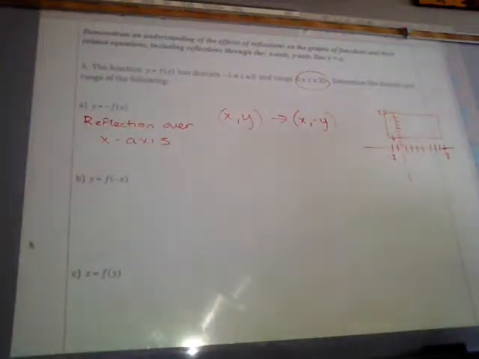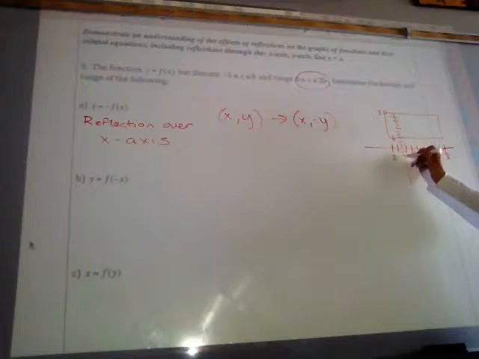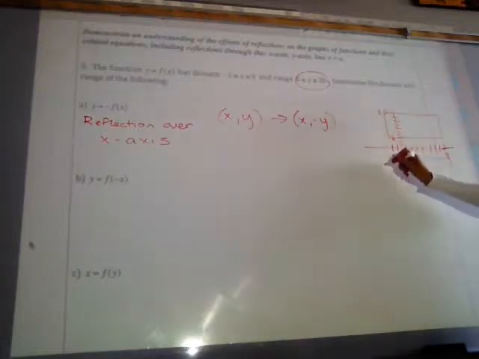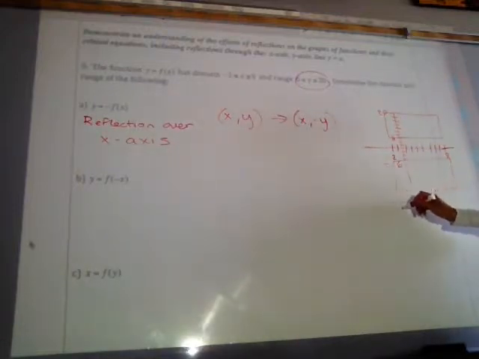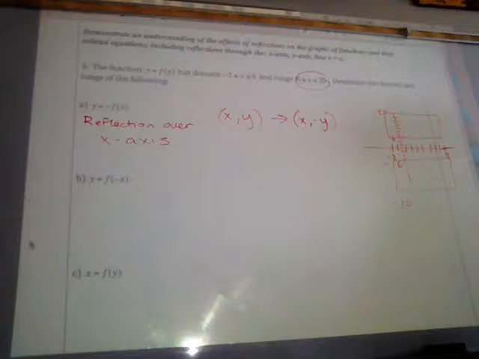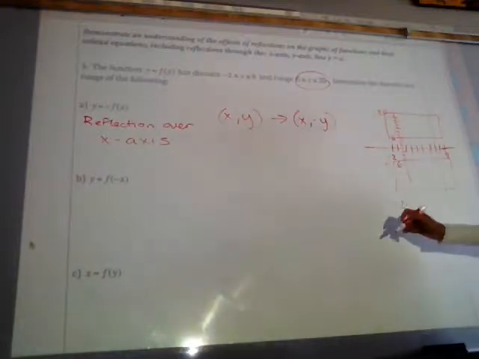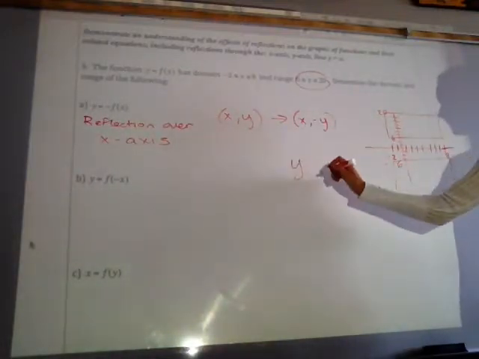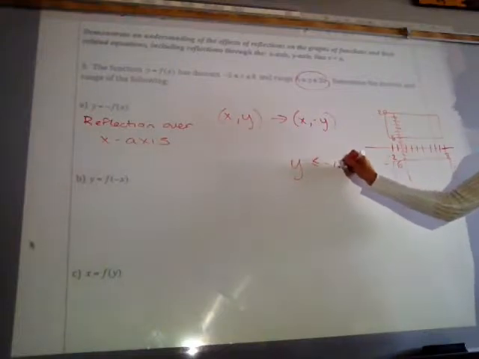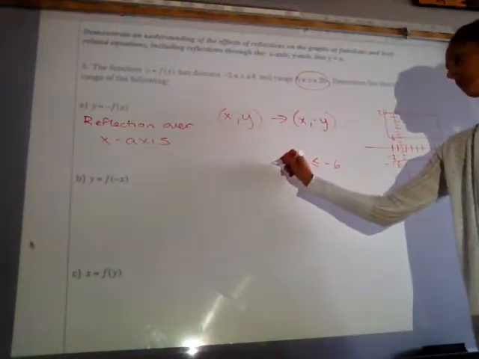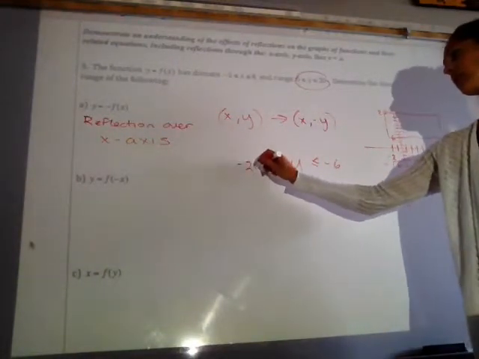If that reflected over the x-axis, we can see the domain would stay the same, but the range would go from negative 6 now to negative 20. So if we're writing that as our range, we would say y is less than or equal to negative 6, but greater than or equal to negative 20.